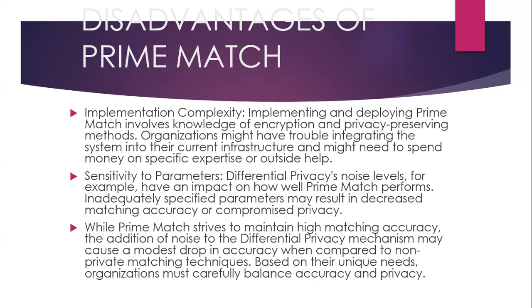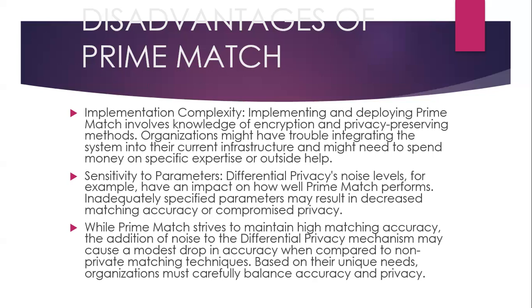Moving to the second disadvantage, we have sensitivity to parameters. In Prime Match, the differential privacy noise levels have an impact on performance, and inadequately specified parameters may result in decreased matching accuracy or compromised privacy.